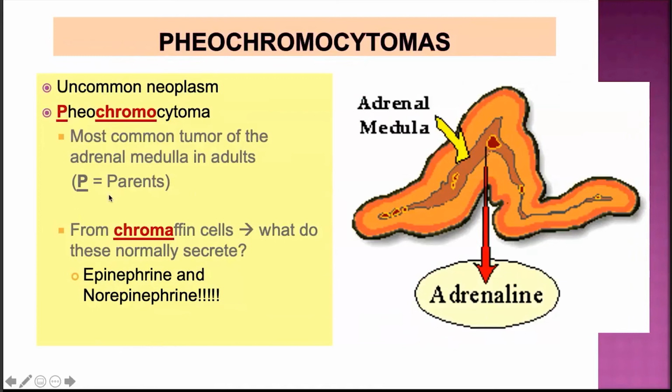It's never happened in the children. And the name here, pheochromocytoma. Chromo means chromaffin. It's arising from the chromaffin cells. That's why this tumor producing epinephrine and norepinephrine. So that's why patients who have this tumor presented with the hypertension.